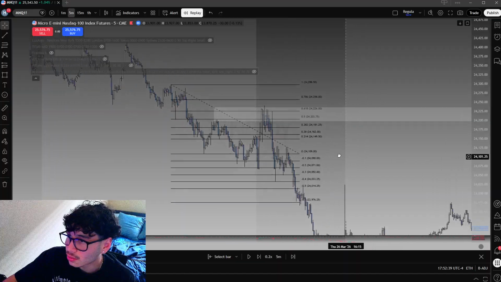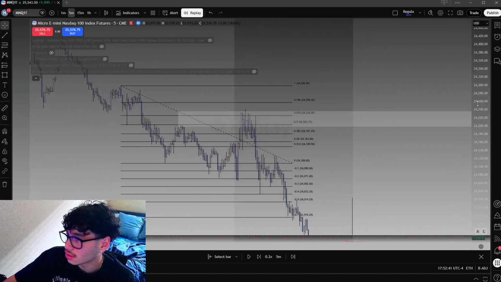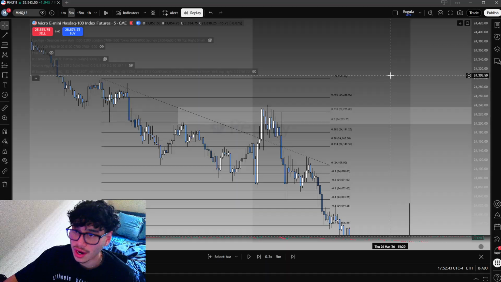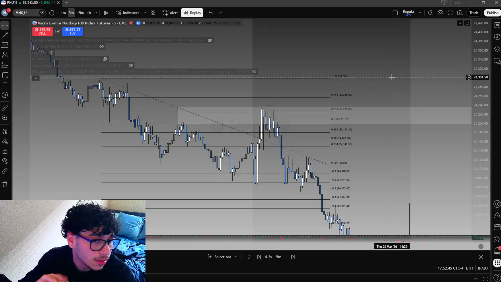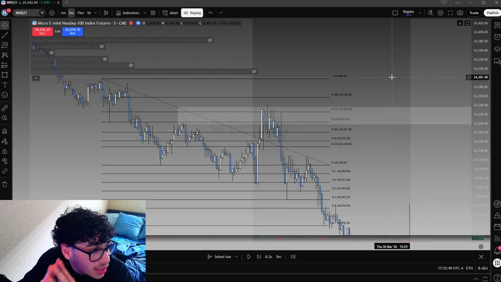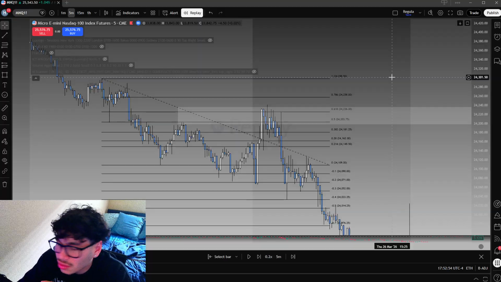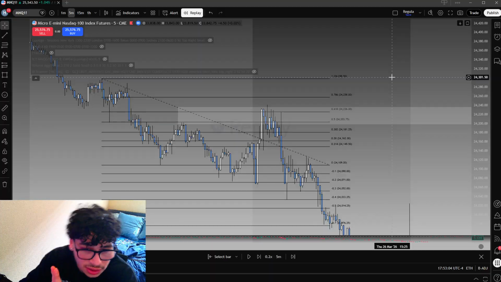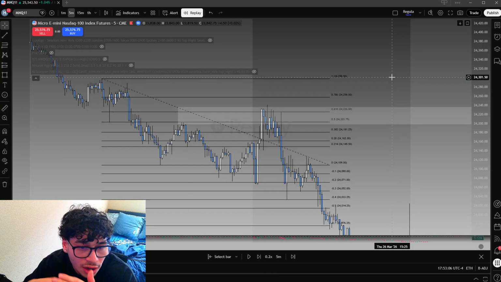So essentially, to break down what a fib is, it's like a graph showing you how much of a discount price is at, and a lot of the time that's where the big banks or the market movers like to put in their positions. When you sell at a very high price point, there's a lot of room for profit.